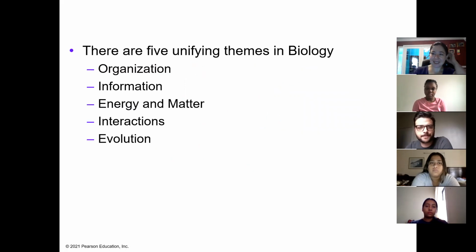And so, again, as an illustration with the mouse, in biology, there's different themes or topics. Organization, information, energy, matter, interactions, and evolution.